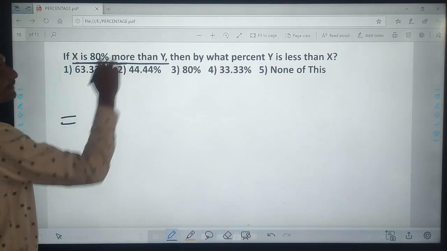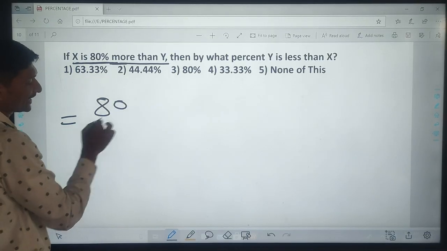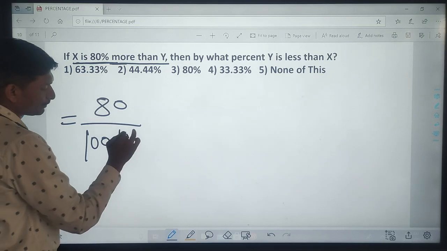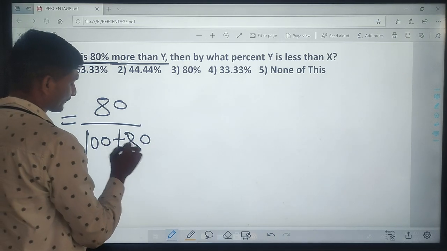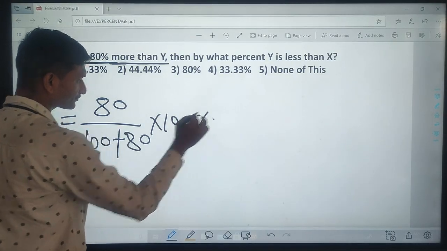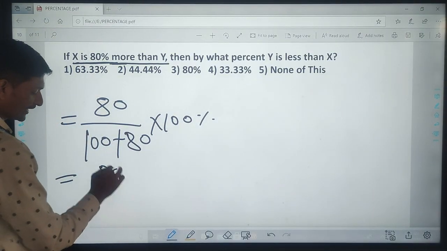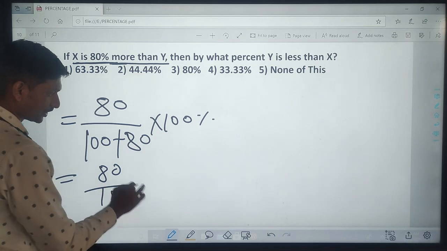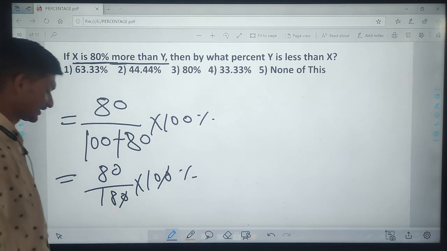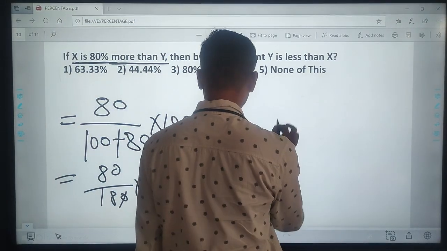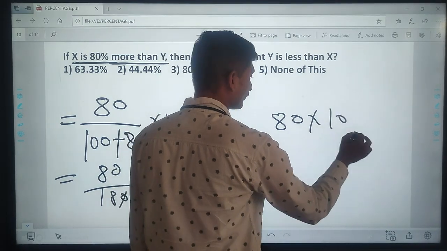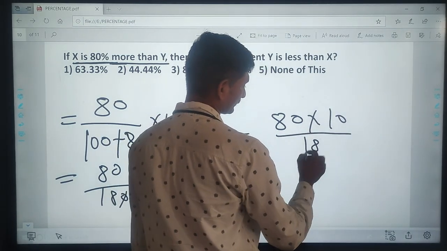Here X is 80% more than Y. Now we directly write 80 divided by, more means plus, 100 plus 80 into 100%. Now here we write 80 divided by 180 into 100%. Now the zero gets cancelled.